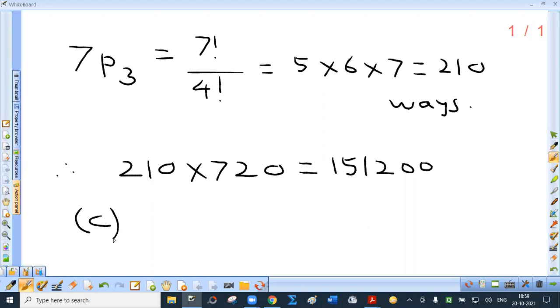Therefore, number of arrangements equal to 6P4, equal to 6 factorial upon 2 factorial. So 360.